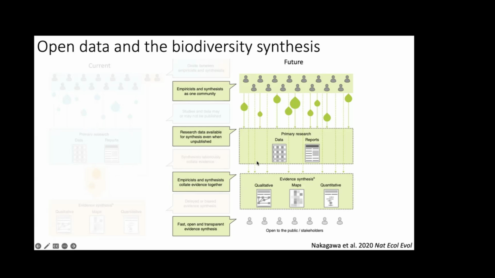And this is a paper from Shinichi Nakagawa, who's one of the leading quantitative synthesists in our field of ecology and evolution, for his vision of the future, where we can really work together with data collectors and synthesists to draw evidence, make these quantitative evidence syntheses together.